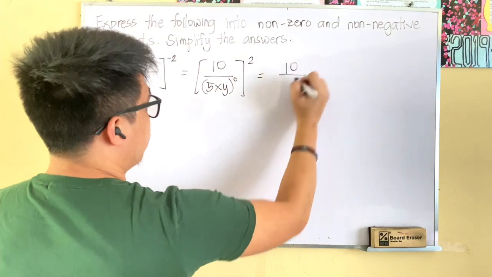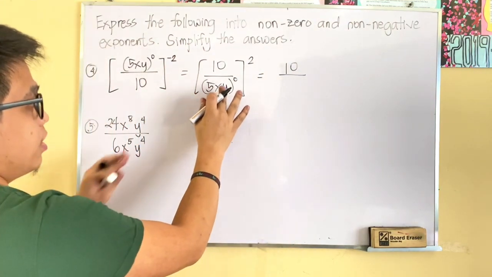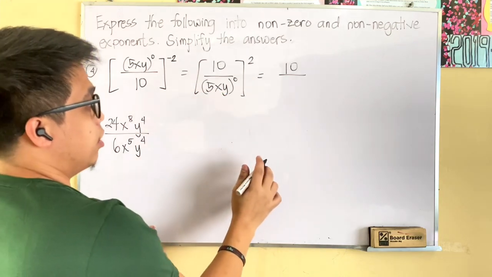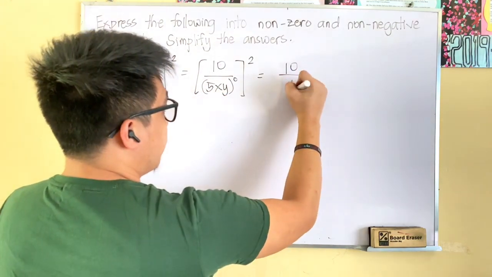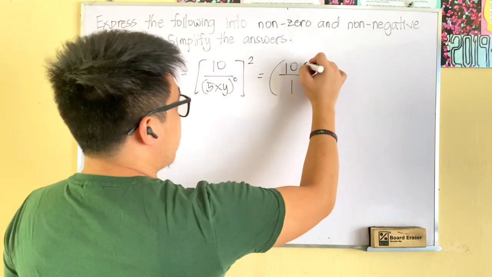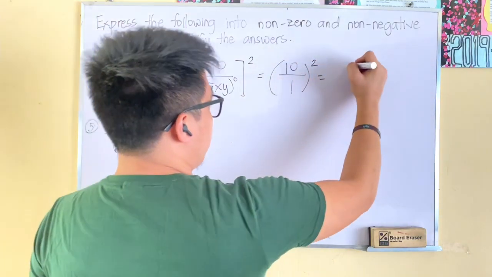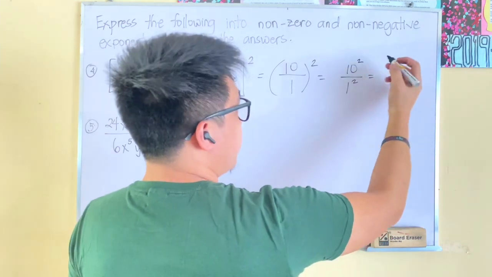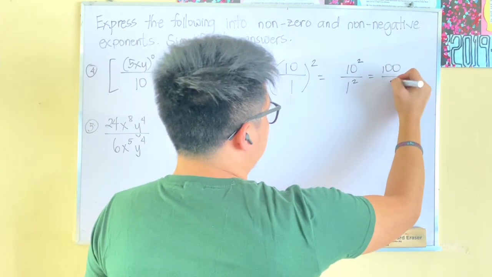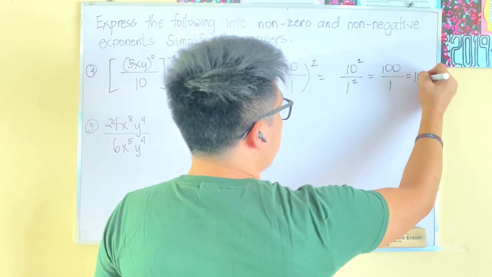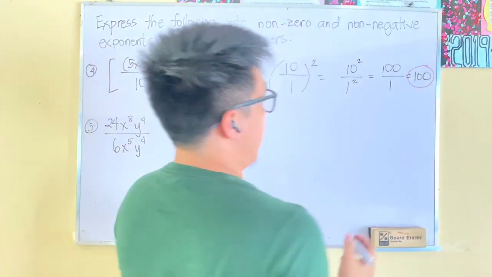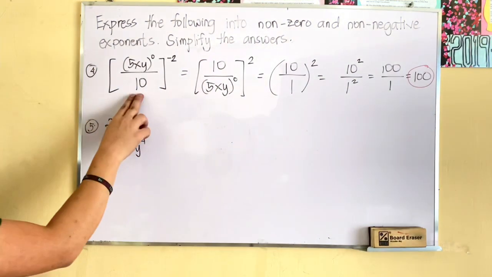So, 10 over 5xy raised to 0, so buong expression nasa loob na ng 0. Then, magiging 1 raised to 2. So, magiging 10 squared over 1 squared. So, 10 squared is 100 over 1 squared is 1, or simply 100. That will be our final answer for the given expression.